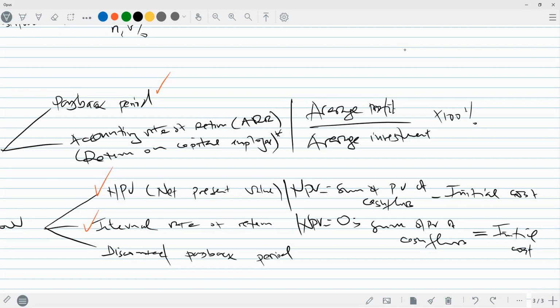If the cost of capital is 18%, then we assume the reinvestment of those cash flows occurs at 18%. However, for the initial cost, the assumption we make is that the financing cost of the initial cost is at the company financing cost.